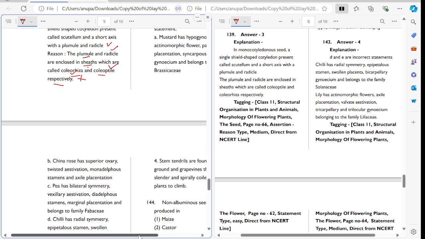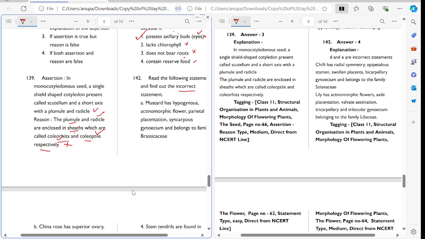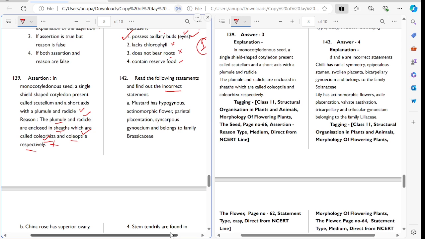Here we have to find out the incorrect statement. So let's read the statements. The first statement says that mustard has hypogynous actinomorphic flower, parietal placentation, syncarpous gynoecium and belongs to the family Brassicaceae. So this is the correct statement. Mustard belongs to the Brassicaceae and these are the characteristics of Brassicaceae.